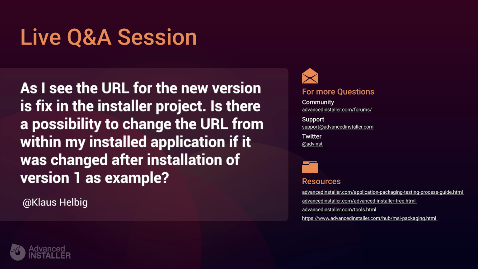Yes, as my colleagues already wrote, you can set the URL as a parameter when executing the updater via the command line, or from within your application. And of course, once you install your second version of your application, you can configure that to contain the new URL too.